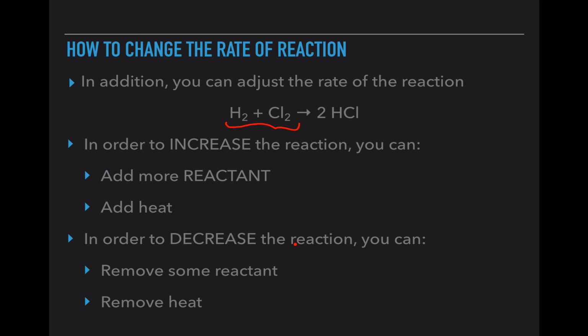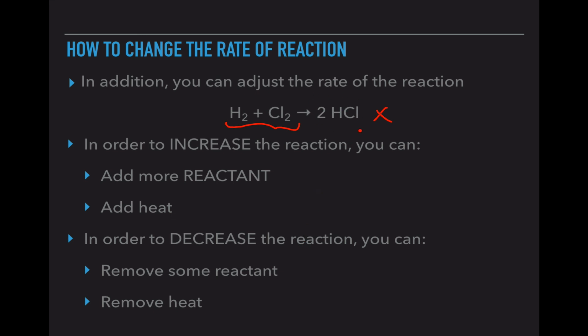In order to decrease the reaction, we're going to do the exact opposite. We're going to take away the stuff before the arrow, use less of it, or we're going to cool that reaction down. So keep in mind, I am not changing anything after the arrow. This is all to make the after-the-arrow stuff change. If I want more hydrochloric acid, I'm going to add reactants or add heat.